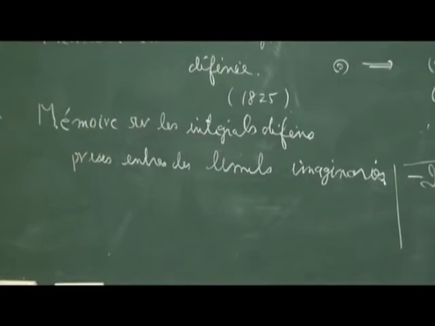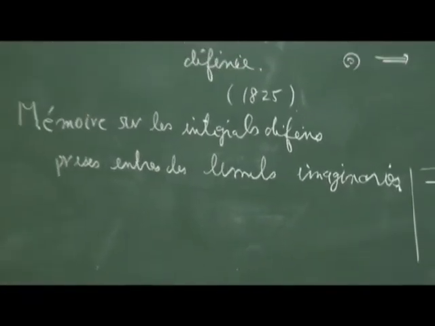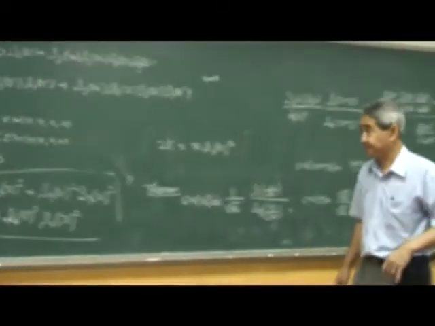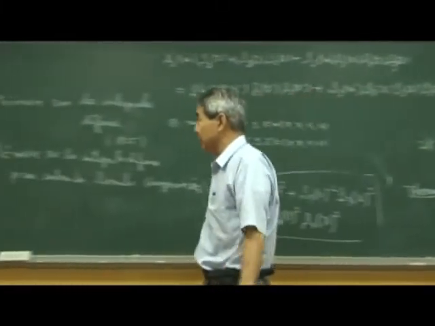And so does the 1825 paper. He announced that he used some imaginary numbers. Okay, so what he did.